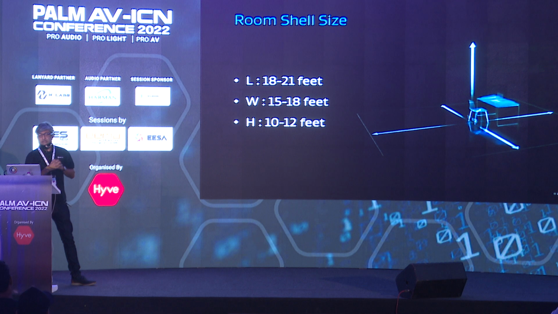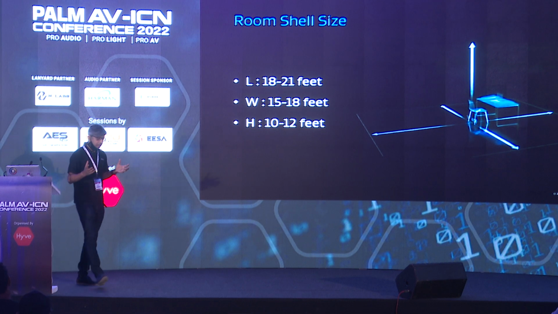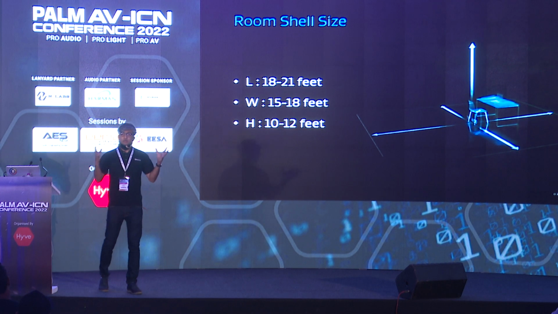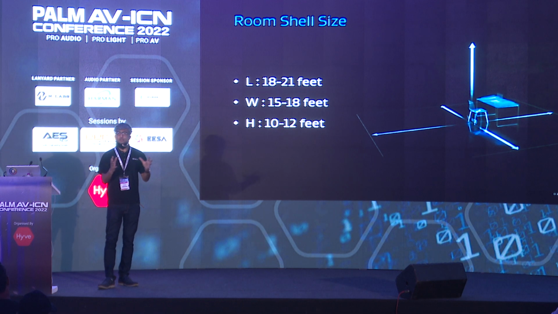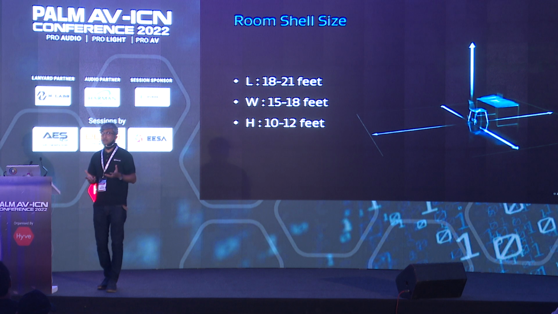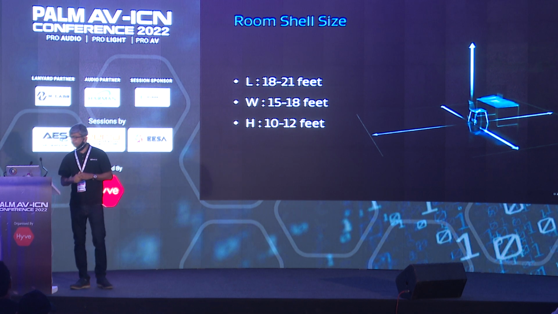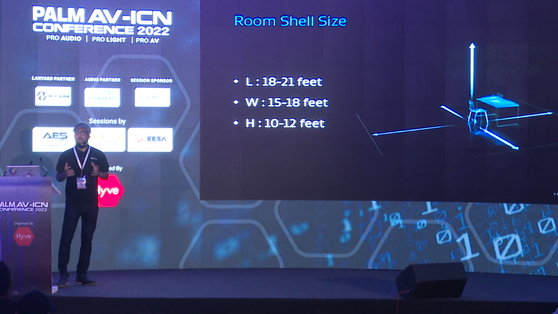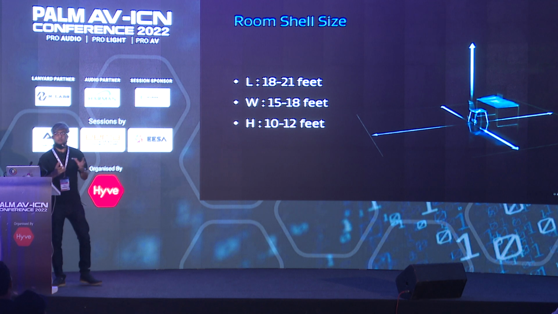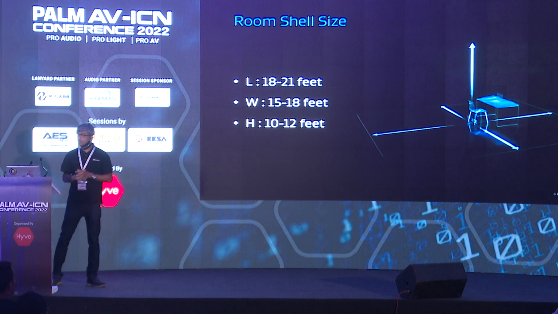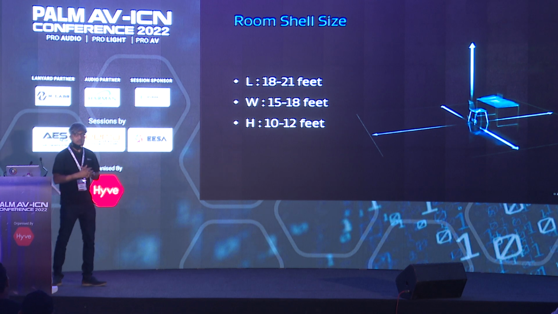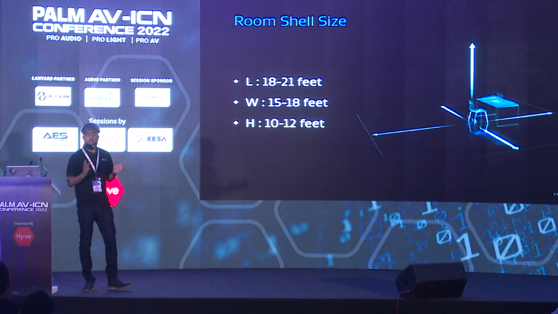So talking about the room shell size, like we said, too big a room does not really do justice, and too small a room will obviously not allow you to listen to your mix properly. People keep asking what's the ideal room dimension. There is no really ideal room dimension, but what you see on the screen now is roughly what can work pretty well.